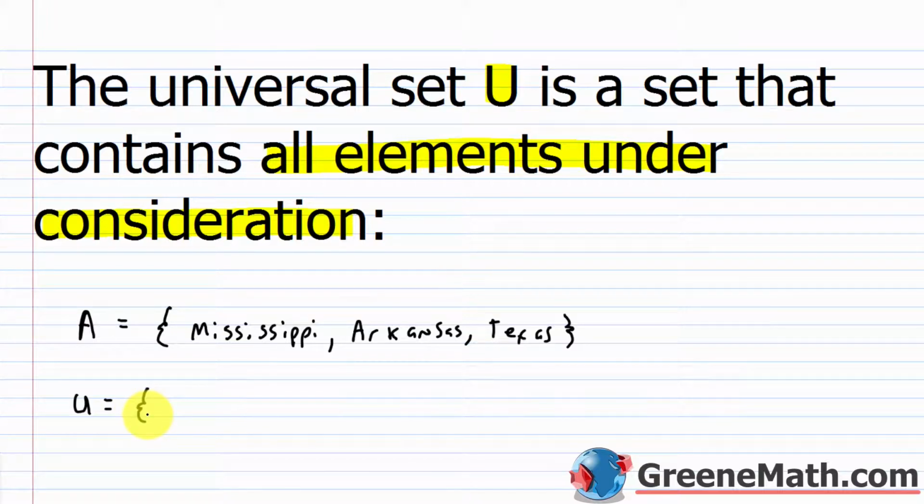But in alphabetical order, we could just start with 2 of them. So in alphabetical order, it would be Alabama. Then it would be Alaska. And let's put our 3 dots there. And let's finish up with the last 2, which would be Wisconsin and then Wyoming.